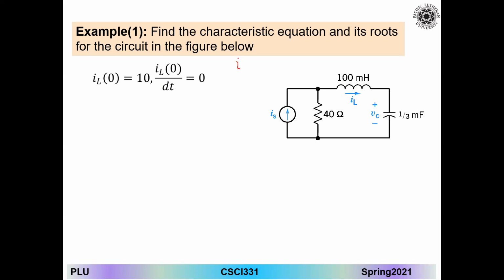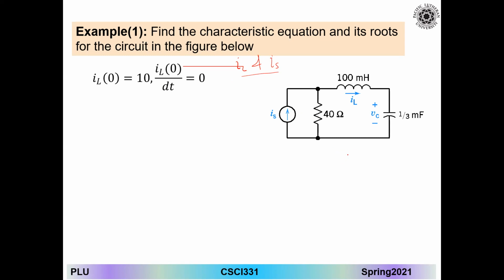It should involve the current through the capacitor and the current source. So that's our target here: we need to write down the equation that relates iL and iS.